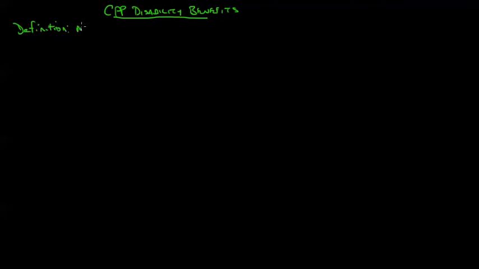So first off, you must be a contributor. You must be a CPP contributor in order to collect these benefits. And we define you as being a CPP contributor if you have earned 10% of YMPE in, we're going to look for 4 of the past 6 years.